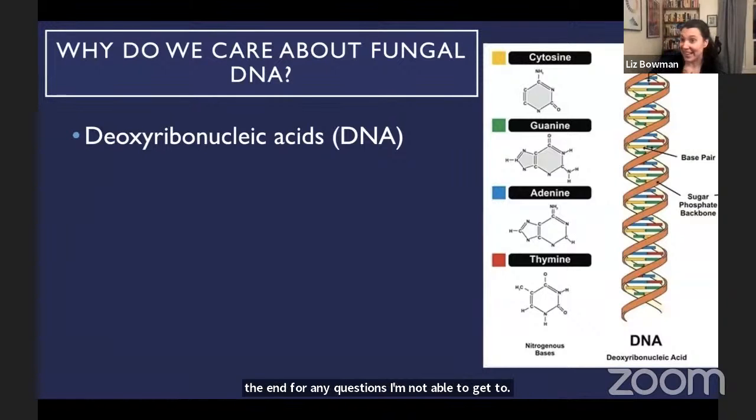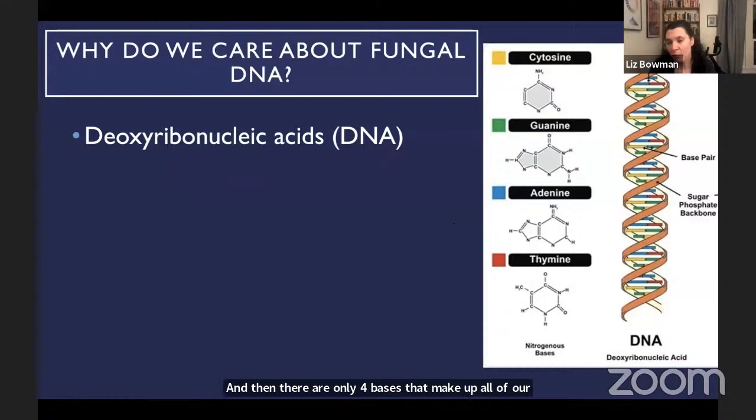So what is DNA? DNA is deoxyribonucleic acid, and it codes for all information in all living organisms. DNA is made up of two backbones that connect bases with hydrogen bonds, and so it makes this double helix. And there are only 4 bases that make up all of our DNA.